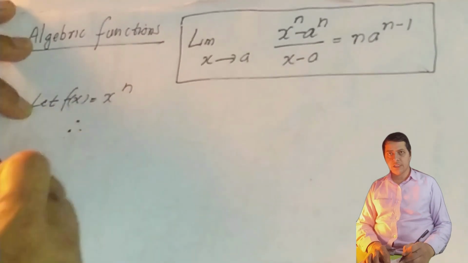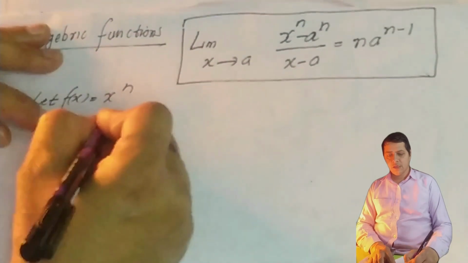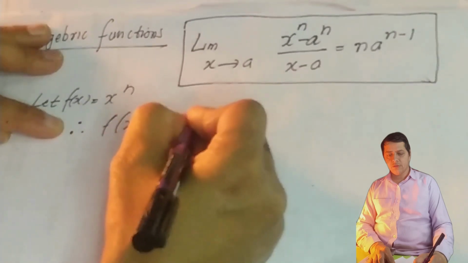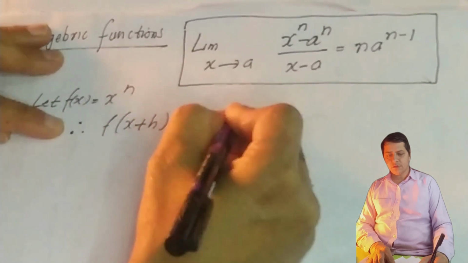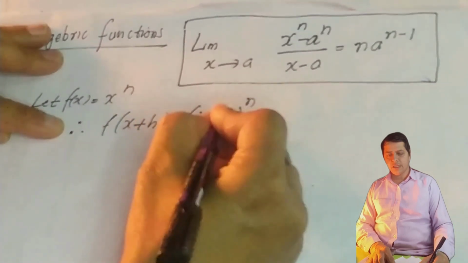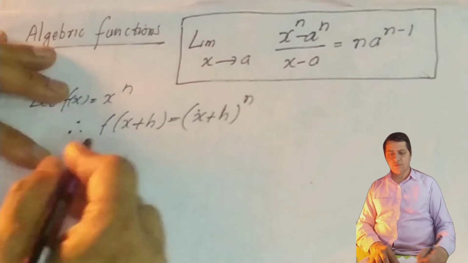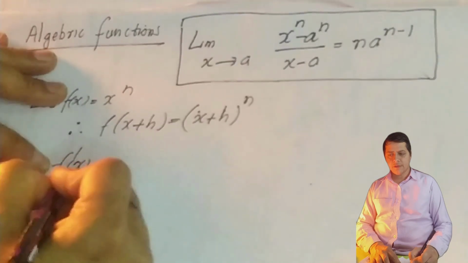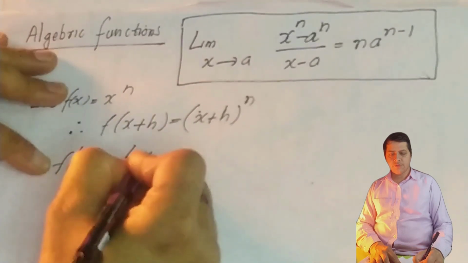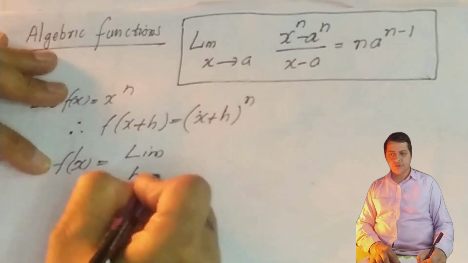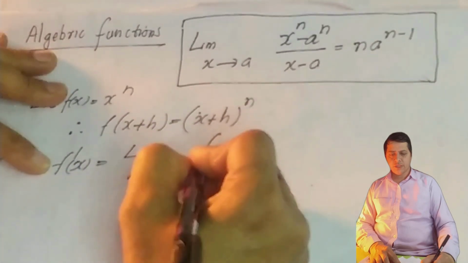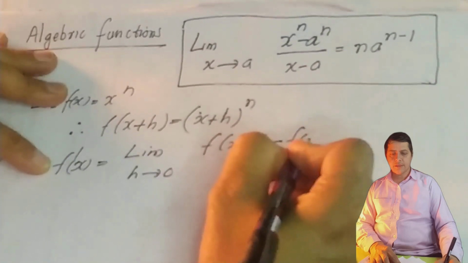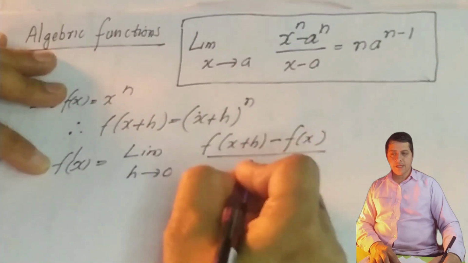Now let's see how we get it. Here f of x plus h is equal to x plus h to the power of n. Like we did earlier, we are doing the same thing. Now replace this with the function. We know f prime x is equal to limit h tends to 0 of f x plus h minus f x by h.